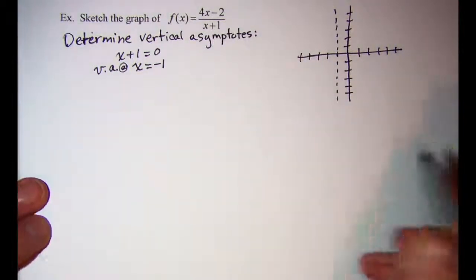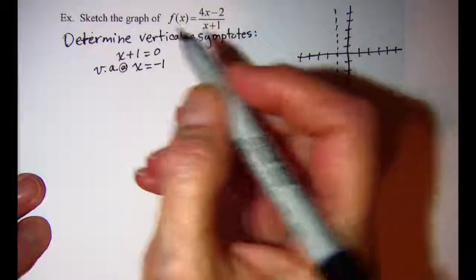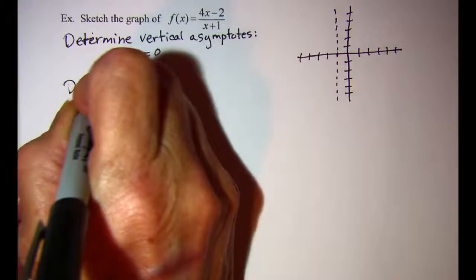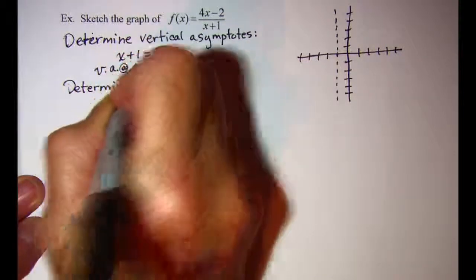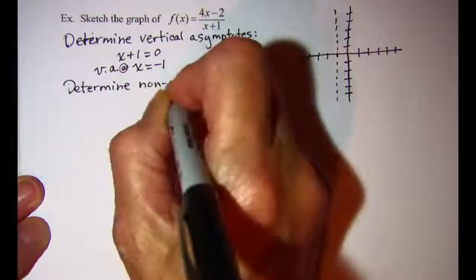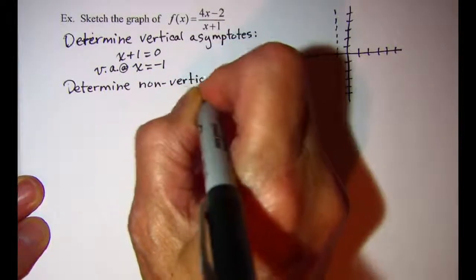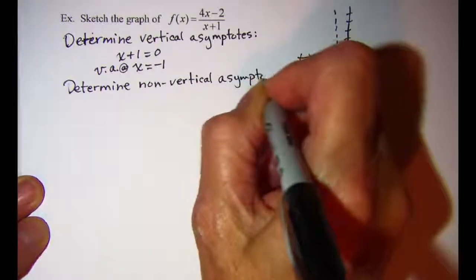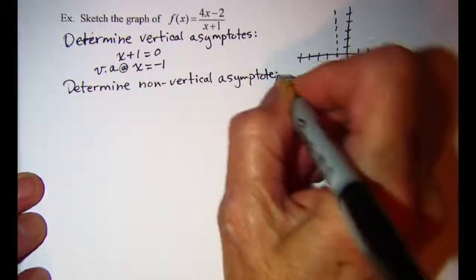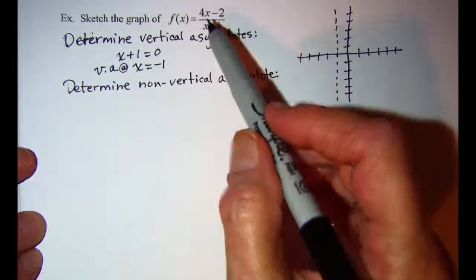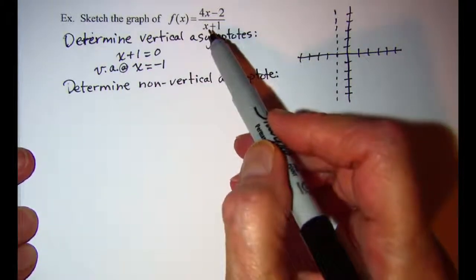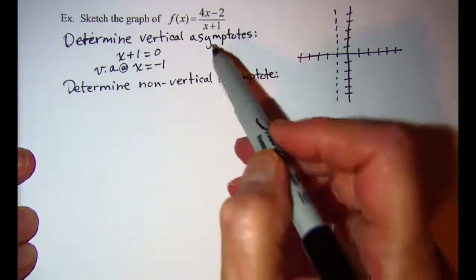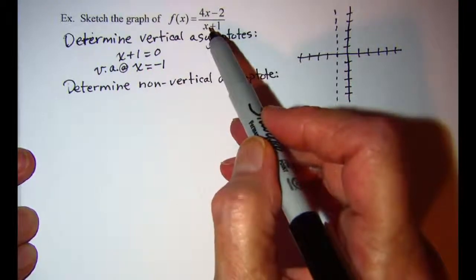Our next step is to determine the non-vertical asymptotes. And we do that by examining the degree of the top and the degree of the bottom. Notice the degree of the numerator is first degree, and the denominator is also first degree.